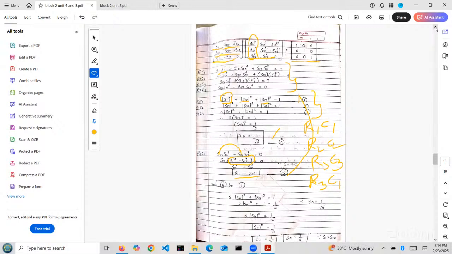What will we get? 2 times S11 square plus S13 square equal to 1. From there, I calculated the value of S11. As we know that S11 equal to S12, I got S11 equal to 1 by 2. S12 is also 1 by 2.